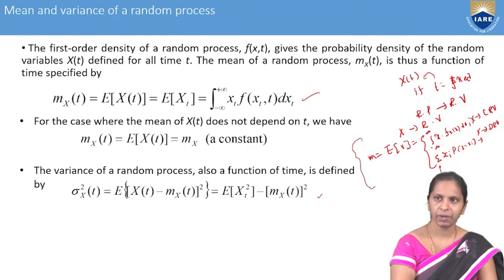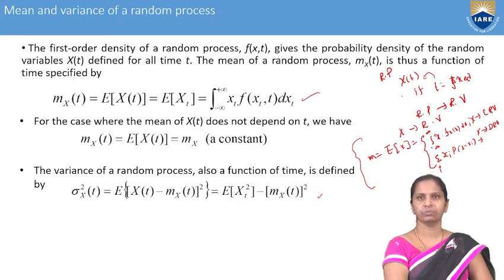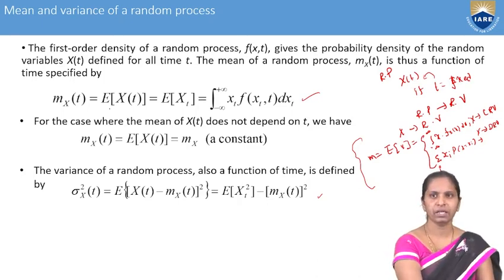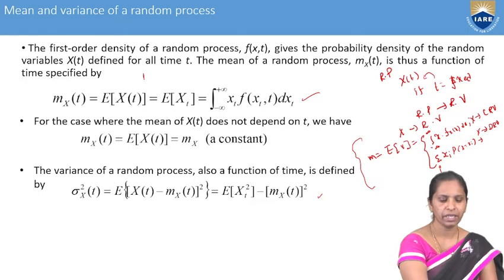Now I'll apply the same concept to the random process also. When can I apply the same concept from the random variable to the random process? If I fix the variable time in the random process. So whatever the mean I have calculated for the random variable, the same thing you can also write for random process. Now the mean of a random process x of t for any t value.